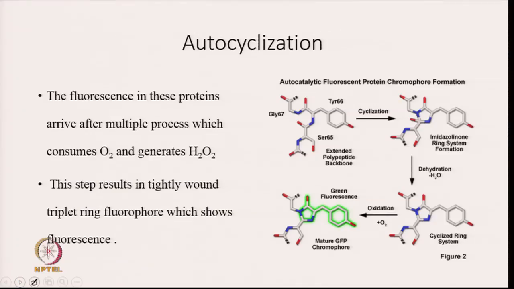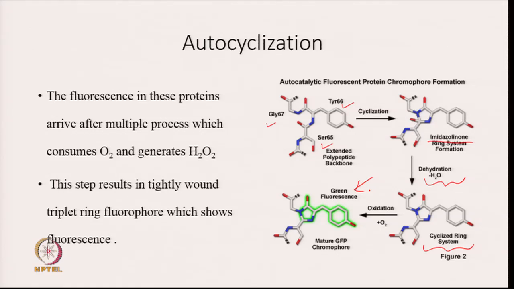What happens is that serine 65, tyrosine 66 and glycine 67 undergo cyclization to form an imidazolinone ring system, which undergoes dehydration to give a cyclized ring system, which on oxidation gives you green fluorescence, and this is known as the mature GFP chromophore.